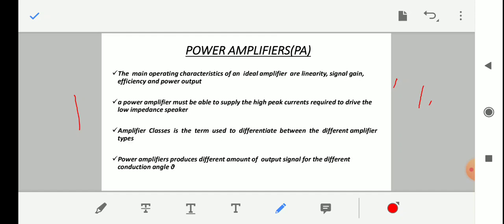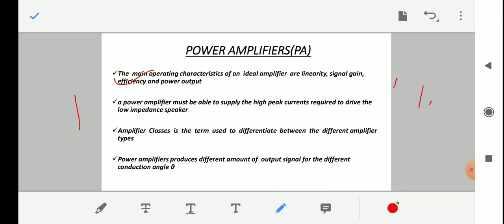So the first point of this slide is that the main operating characteristics of an ideal amplifier are linearity, signal gain, efficiency, and power output. The term linearity means the power amplifier must be a linear device so that it can follow the change at the input section. That means the waveform received at the output must be similar to the waveform applied at the input.